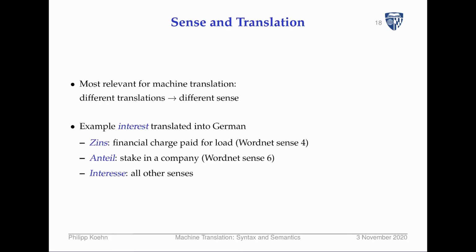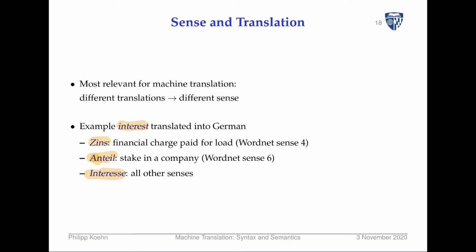So just to give you an example of what happens to the word interest when you translate it into German: you have a word like Zins, which has this financial charge meaning. You would use a word like Anteil if you talk about a stake of a company. But for all the other sentences, you actually can use the word Interesse.